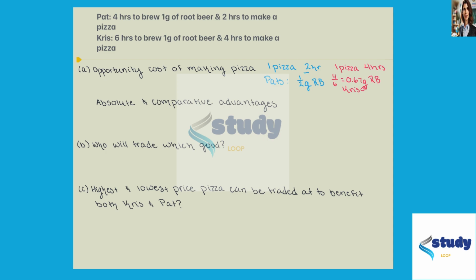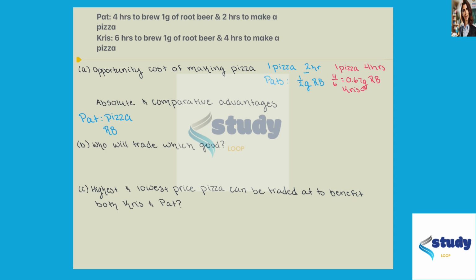So Pat would have the absolute advantage in pizza. Now if we wanted to look at root beer as well, who takes the least amount of time to make root beer? Well, it looks like Pat also has the absolute advantage in root beer, because it takes him 4 hours versus Kris's 6 hours.